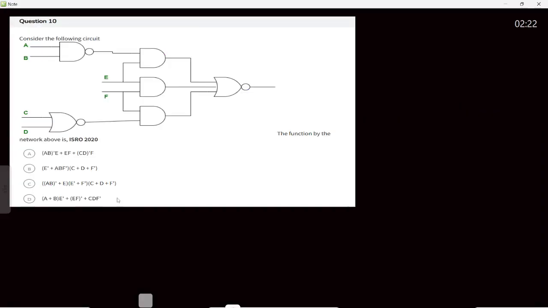Now we are given with one circuit, and the function by the network above is okay. Now we need to find the function for this. So as we can observe here, this is NAND gate. Okay, this is NOR gate, and this is AND, this is also AND, and this is again NOR.